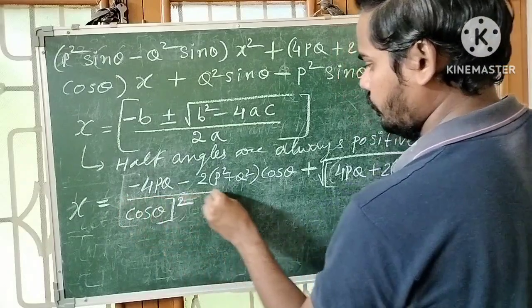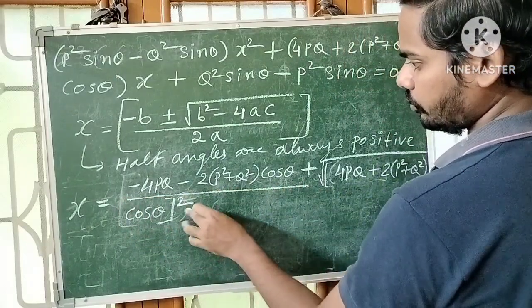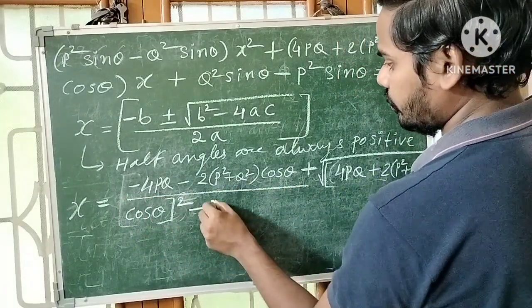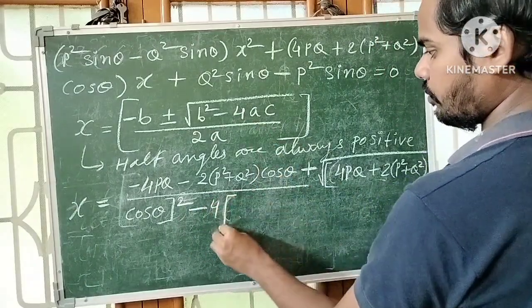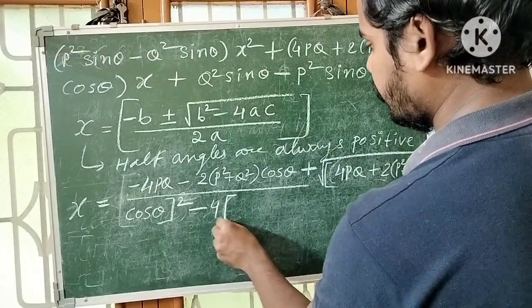So root over, continuation, this is minus 4ac.